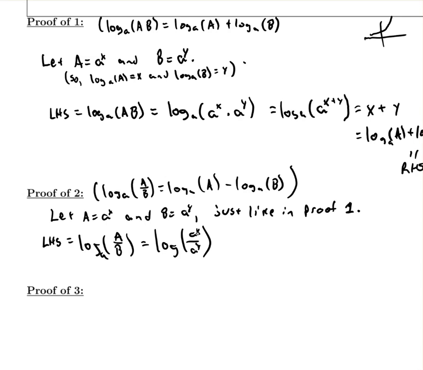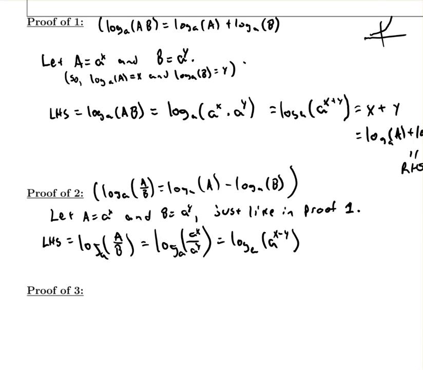Big A is little a to the x. Big B is little a to the y. Because this is a fraction and little a is a common base, I can combine our exponents with subtraction inside my logarithm. So this is really log base a of little a to the x minus y power.